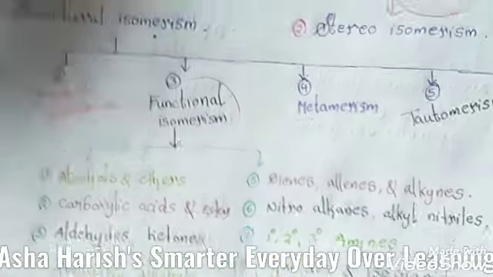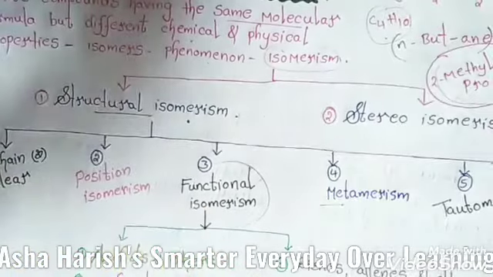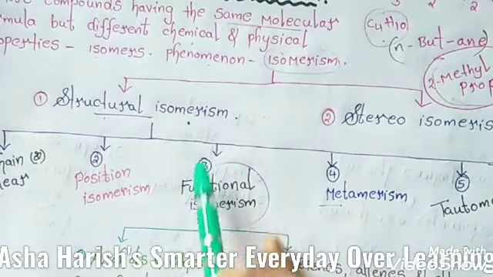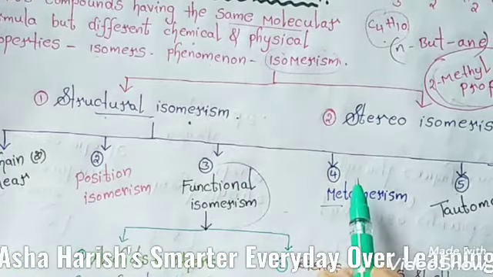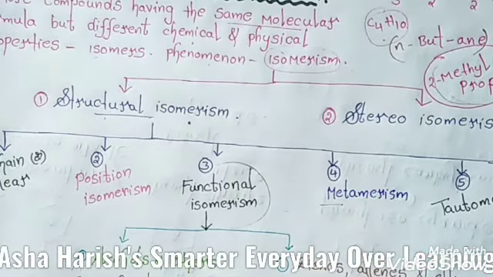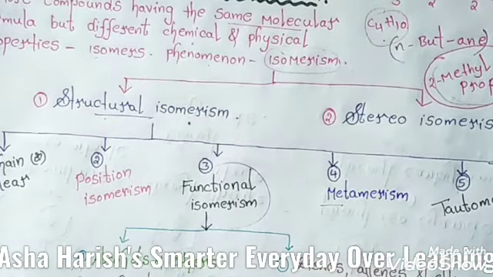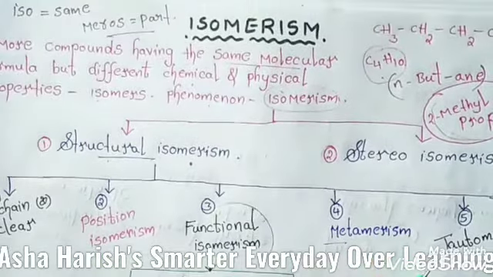Let's start with structural isomerism. What is meant by structural isomerism, what are its types, and what about stereoisomerism? If you study all of these, the topic of isomerism will be completed.